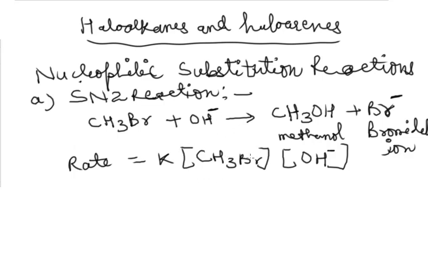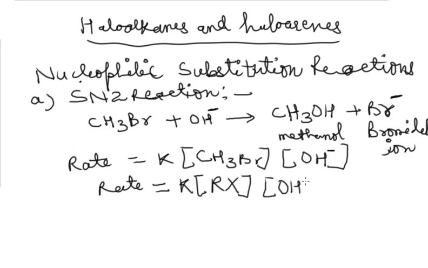This one is the methyl halide or the primary alkyl halide, and follows this type of mechanism. If we want to write a general expression for this reaction, we can easily write that rate is equal to k [RX][OH minus]. This RX is for the representation of alkyl halide, and here the hydroxide ion is the same.